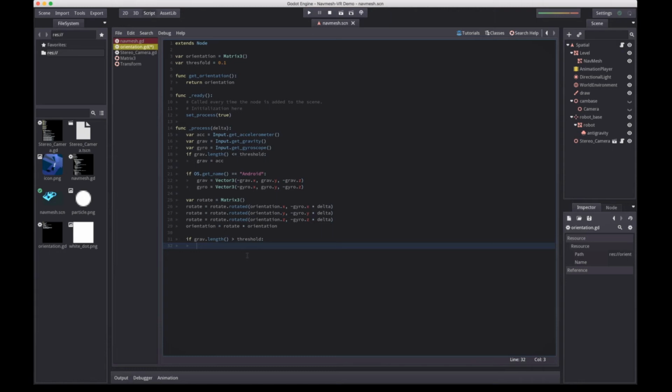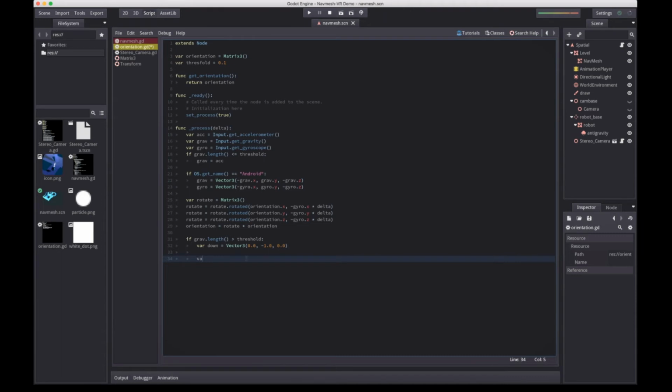What we're going to do is compare what is down according to our orientation matrix with what is down according to us. So down obviously is -1 on the y-axis, and we're just going to have this little helper variable to get that.